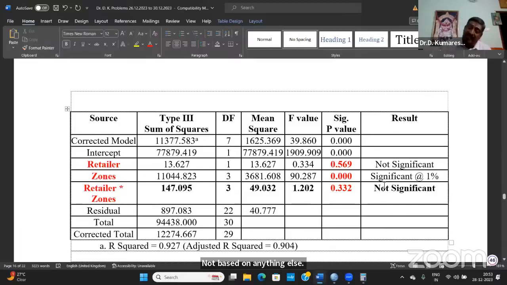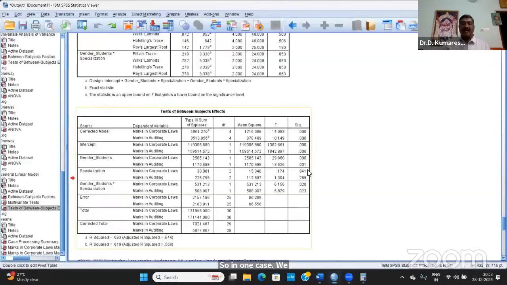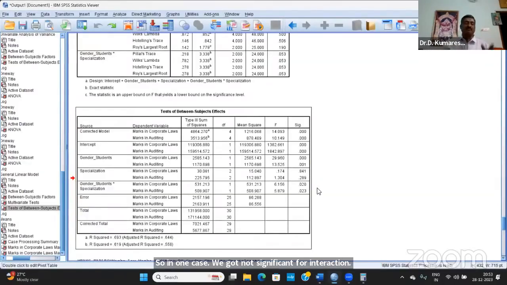It is determined based on the values of independent variables. That's all. So in one case, we got not significant for interaction. In another case, we got significant impact in the case of interaction.